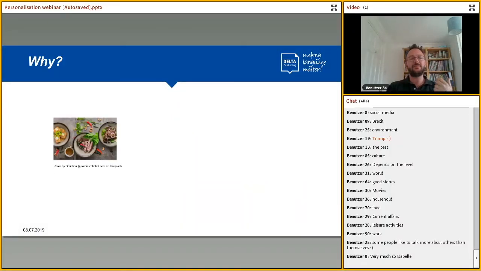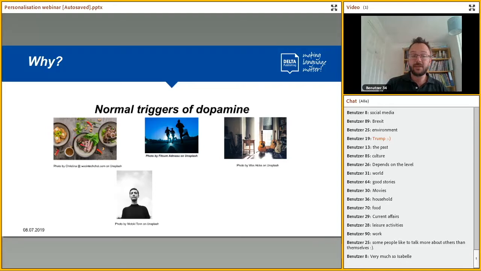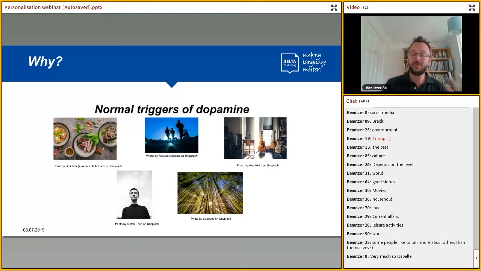It's normally connected with things like food, for example, exercise, music, meditation, or sunlight. All these kind of things trigger the dopamine system within the brain, as well as a range of other things. But they were intrigued to see that talking about ourselves or giving our own opinions or talking about our own traits also triggered the dopamine system.